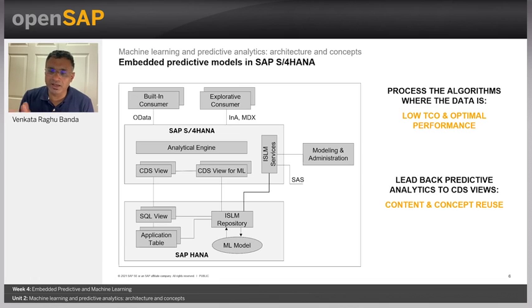And all the modeling and administration is happening here. On the top layer, you have either OData services or other services where you can use the built-in consumer reports or the explorative consumer reports. Generally, like I've explained earlier, the data and the algorithms, everything is set in the same stack when we are talking about embedded machine learning.